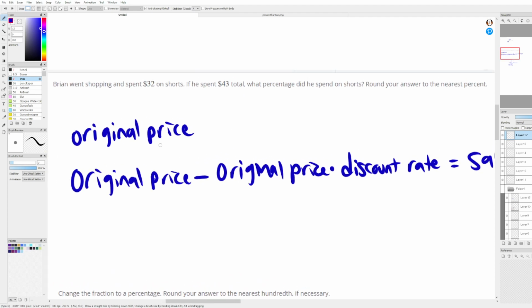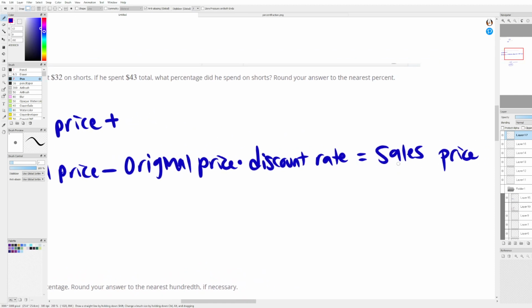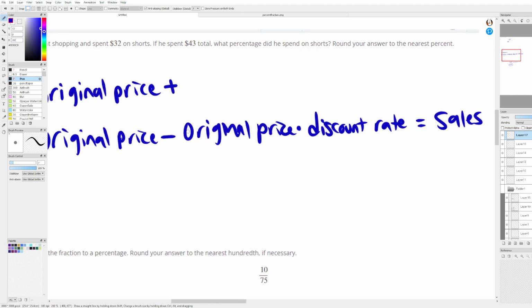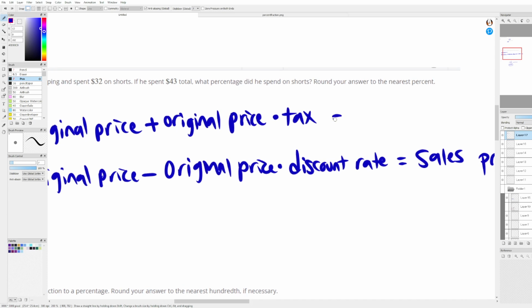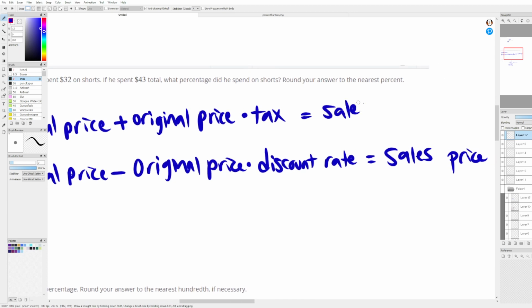Typically, when it doesn't have a discount, it'll be original price plus, sometimes we'll have plus the tax, but that's a little bit more tricky. We'll get into that in a different video. The original price plus the original price times our tax rate is equal to our sales price.